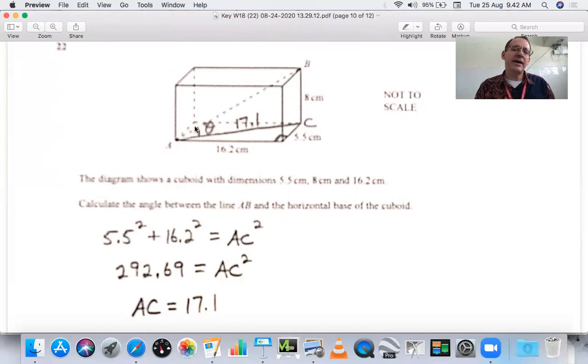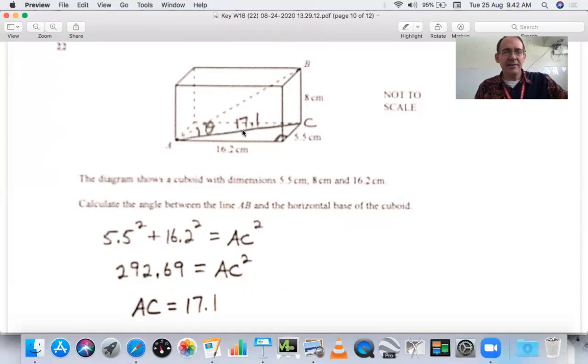So that means that we need to make it between the angle and the shadow of that line on the base here. So we don't do it with this line in the front. We do it with kind of like the shadow. If you had a light right on top and shone it down through, this would be the shadow along the base, which is also the diagonal of the base. So that's the angle we're finding.